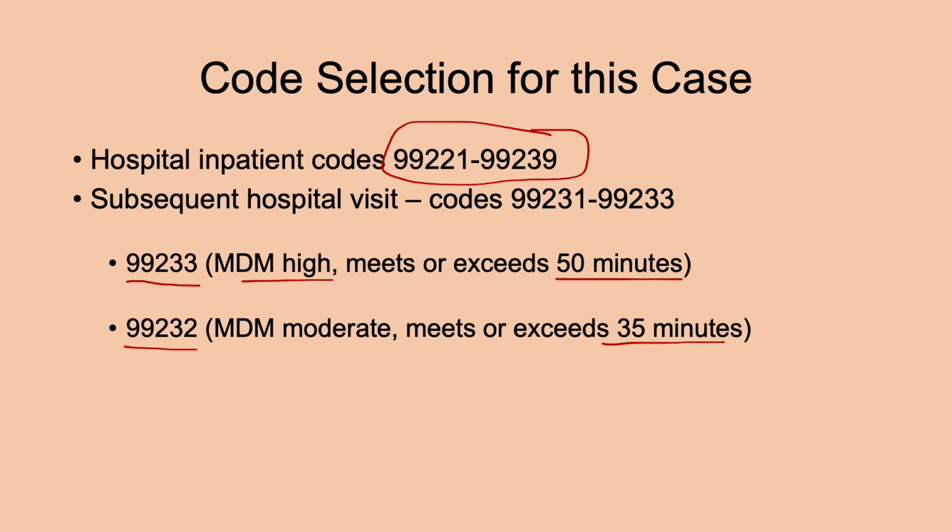A minimum of 50 minutes needs to be done for the 99233. So if you're going by medical decision making, it's 99233. If you're going by time, it's 99232. So obviously, we're going to pick the bigger number, the one that pays more, the more involved code. So for this case, we're going to report 99233.